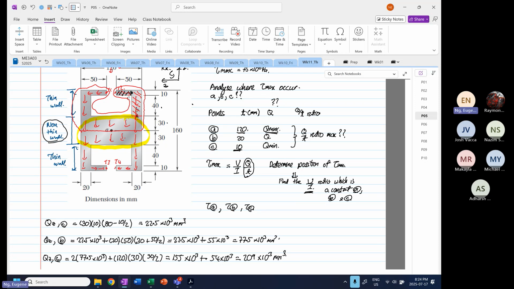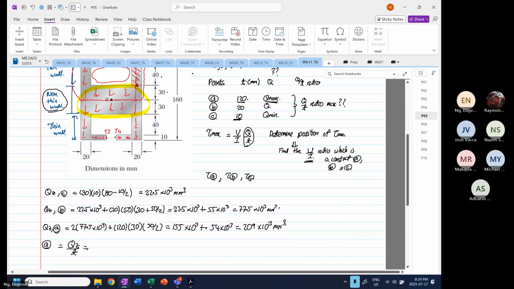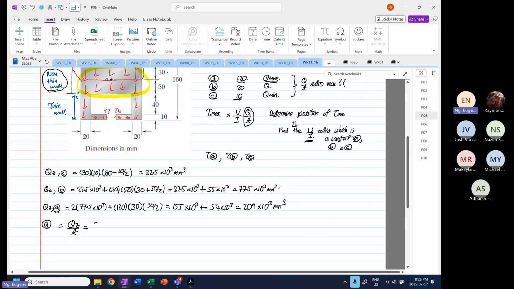Okay. So now we are going to look at point, oh, that's point A. I do apologize, point A. So at point A, QZ over T is equal to what? Okay. So at point A, which is at the center, is 209 times 10 to the power minus 9. We change it to meters.